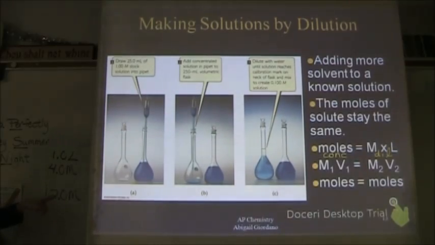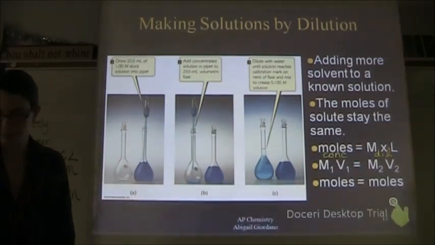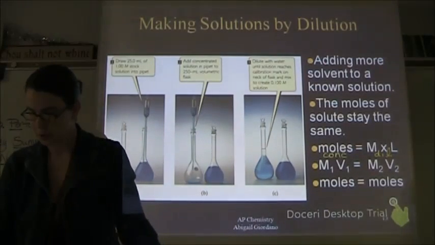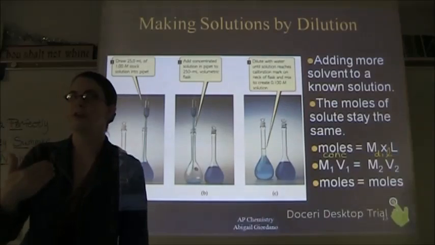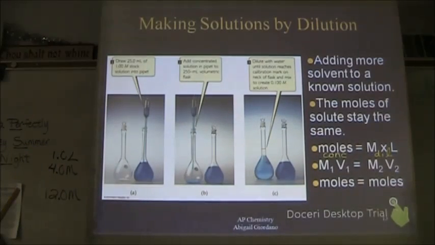Okay. Well, I can't let you guys work with 12 molar HCl. That would be a terrible, terrible idea. Okay? So I've got to get it down to 4 molar. We're going to use this equation. Okay? So M1, V1. M1, concentrated molarity. Which one is the concentrated molarity? 4 or 12? 12. Okay.